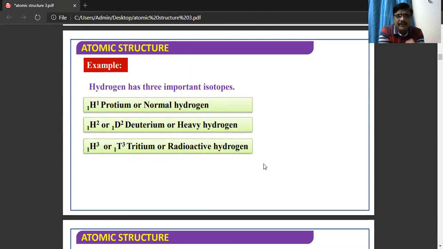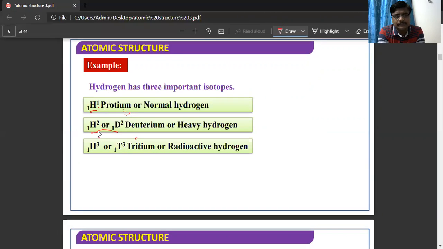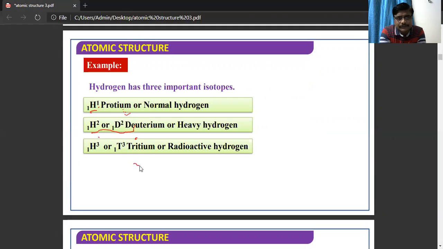Now for an example of isotopes, hydrogen has 3 isotopes. The first one is H-1, protium or normal hydrogen. The second is H-2, deuterium or heavy hydrogen. The third is H-3, tritium, otherwise known as radioactive hydrogen.